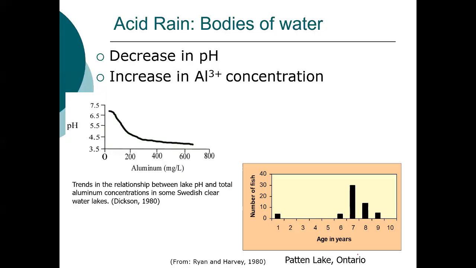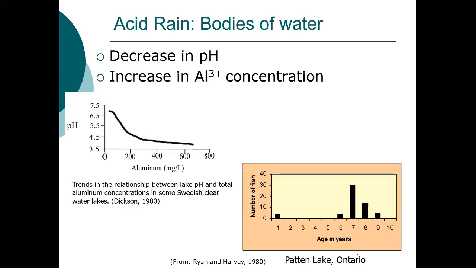The other issues, and this was observed back in the 70s and the early 80s, when acid rain was a very significant problem in the US, in Ontario, and also in the Scandinavian countries, Poland, parts of Germany.